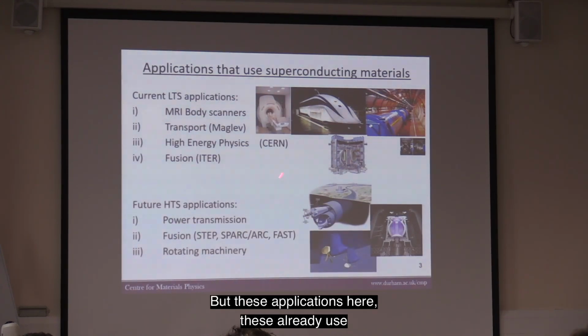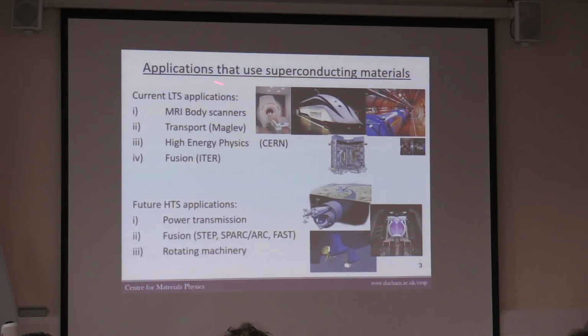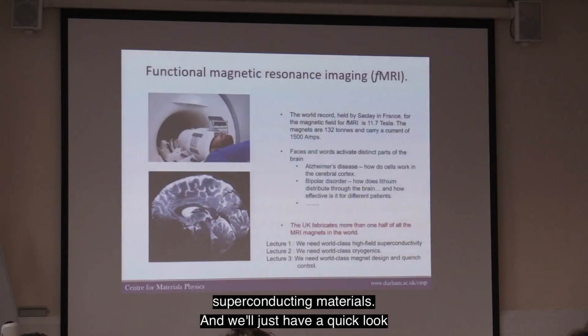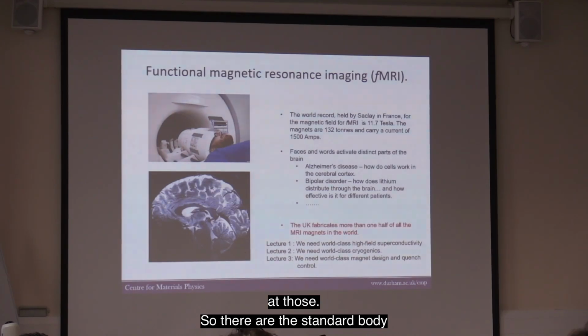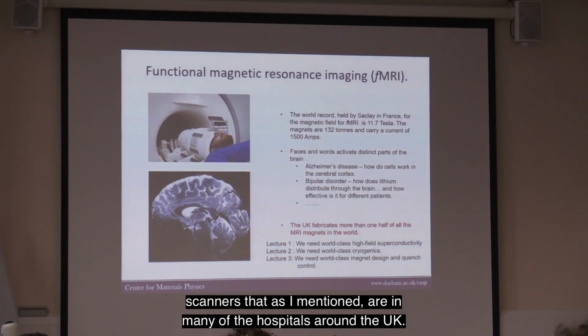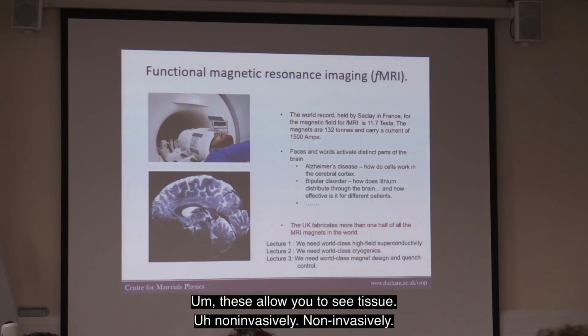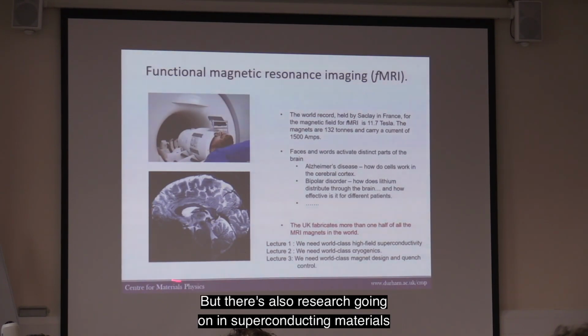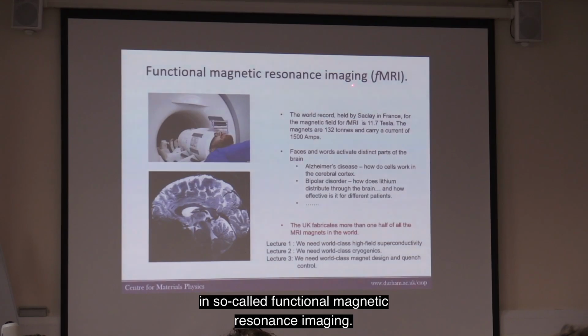But these applications here, these already use superconducting materials, and we'll just have a quick look at those. So there are the standard body scanners that, as I mentioned, are in many of the hospitals around the UK. These allow you to see tissue non-invasively, but there's also research going on in superconducting materials in so-called functional magnetic resonance imaging.